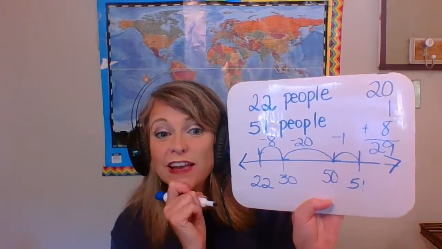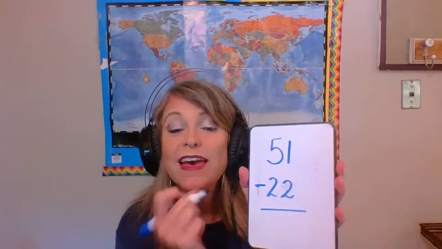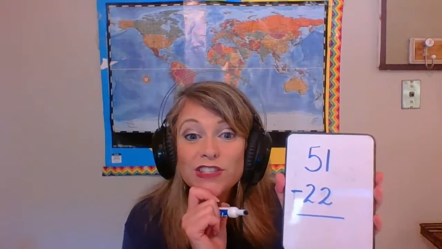Now let's check ourselves by subtracting and see if we got the same number, okay? There were 22 people on a train. Some got on at the next stop. Now there are 51. I'm going to check myself by subtracting here. Now you should know by 2nd grade how to borrow when there is no digit big enough in the ones place.